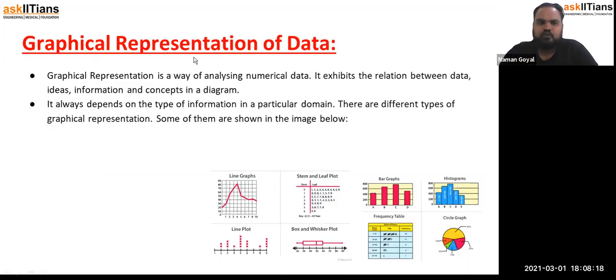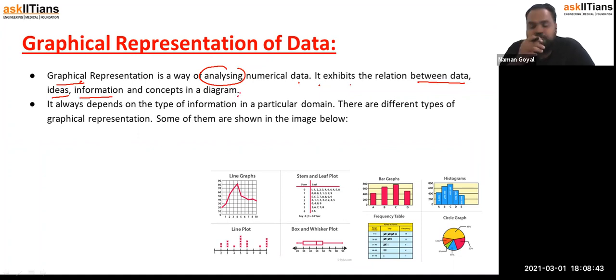First of all, we are going to learn about graphical representation of data. What is the meaning of graphical representation of data and why is it very important? See, graphical representation is a way of analyzing numerical data. It exhibits the relation between the data and ideas, information, and concept in a diagram.